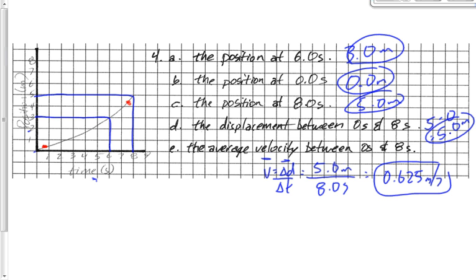Slower or faster than 0.625? Faster. It's speeding up from 0 to something faster, faster, faster. Somewhere in the middle here, we're going to be at about 0.625 meters per second. We don't know exactly where. But on average, over the entire trip, it's 0.625. All right? Is that okay?